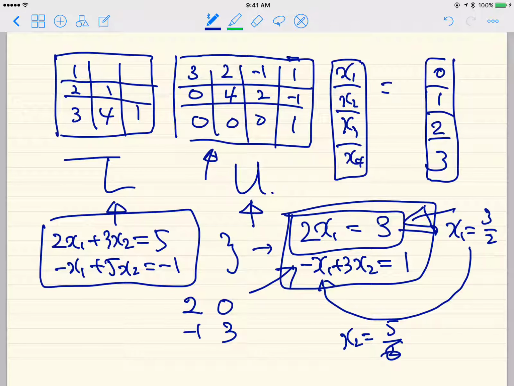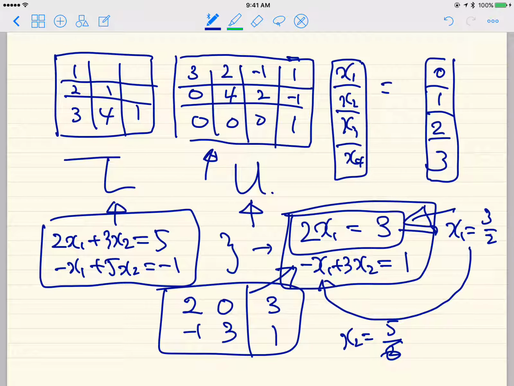So you can start with the very first equation that has just one single variable. This is the beauty of how it makes it easy to compute this linear system.